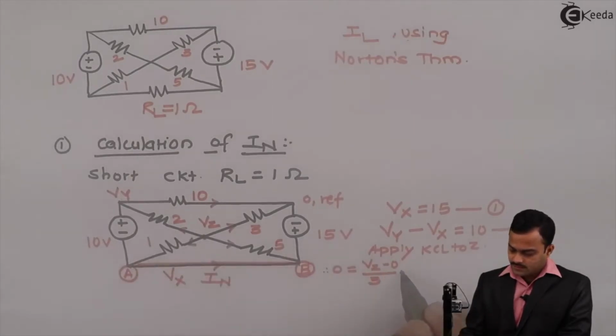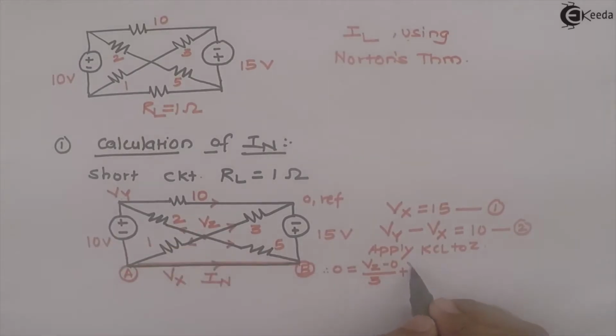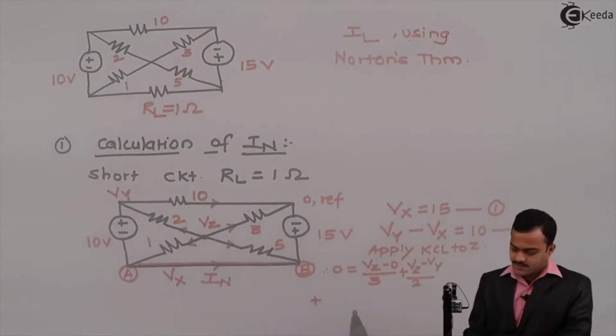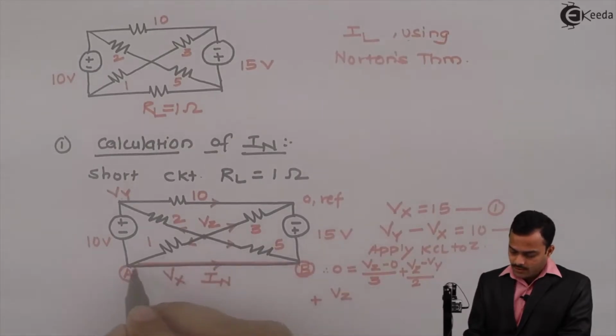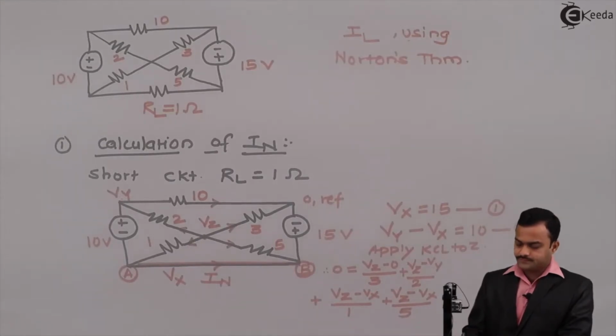This current started at Z, ending on Y, resistance of this branch is 2, plus this current started at Z, ending on X, resistance is 1, and the last for this branch it is started at Z, ending on X, resistance is 5.